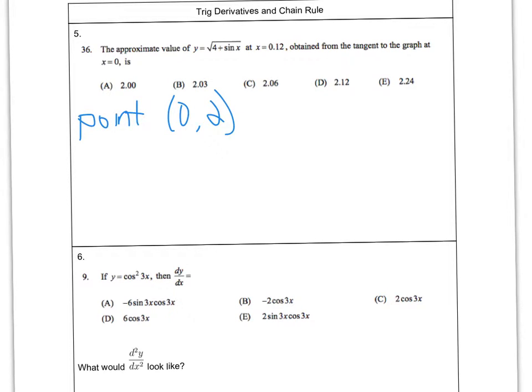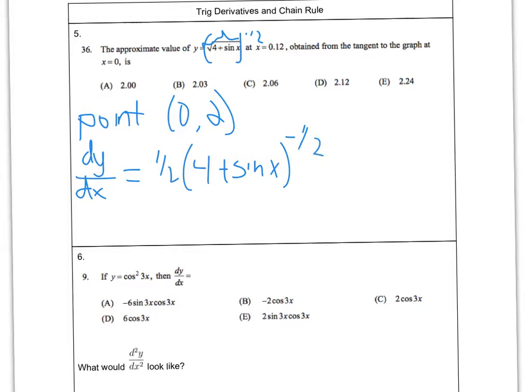And I need a slope. To find the slope, I find the derivative. dy dx equals, think of this as not the square root, but to the 1/2. So it's 1/2, 4 plus sine x to the negative 1/2. And now we plug in.